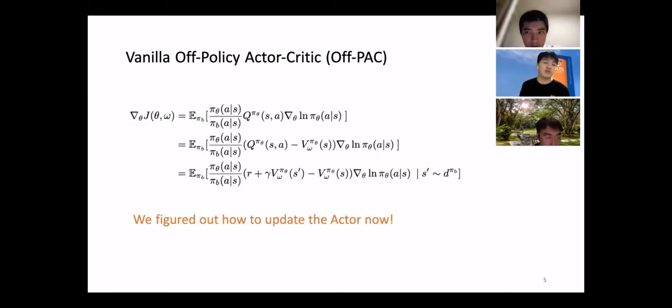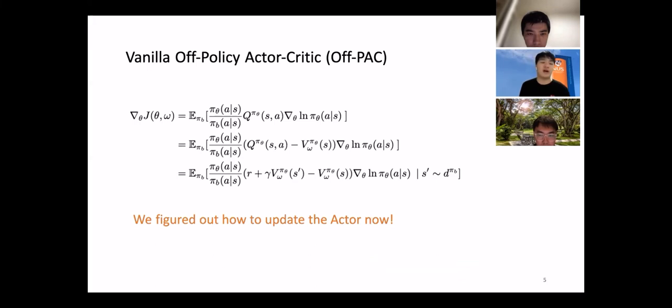So we can just use the subtracting baseline function trick. We subtract the V function, and we can approximate this subtraction with the TD error.